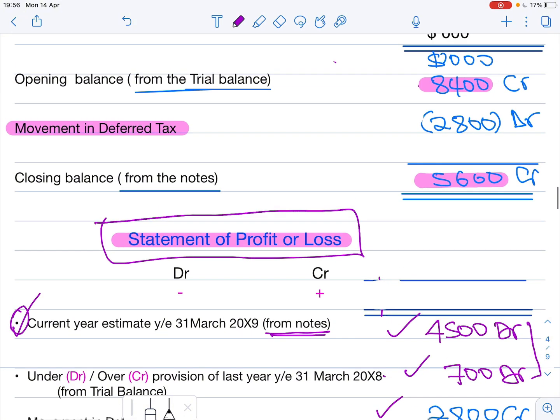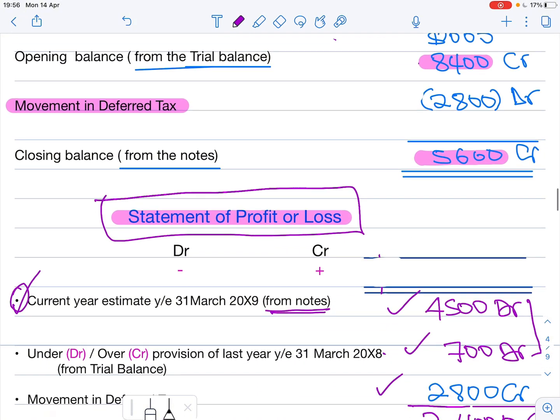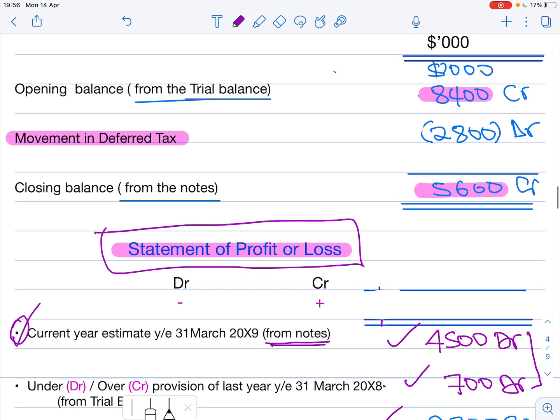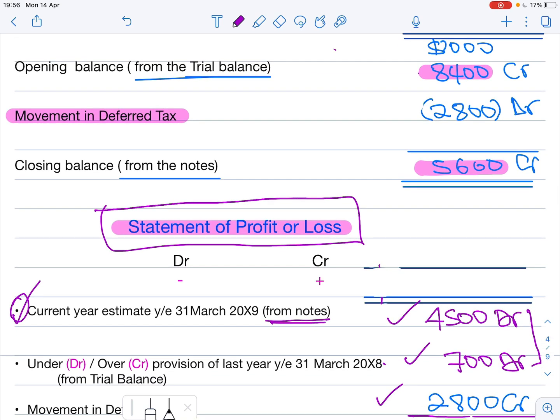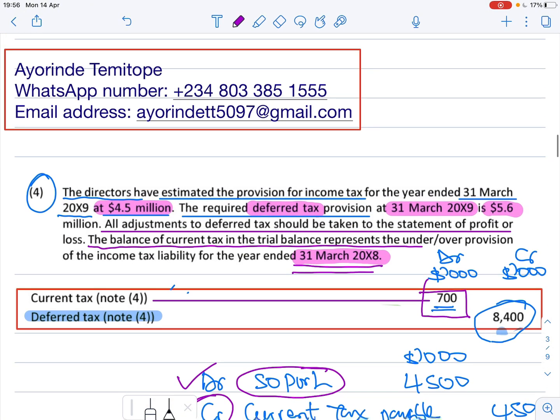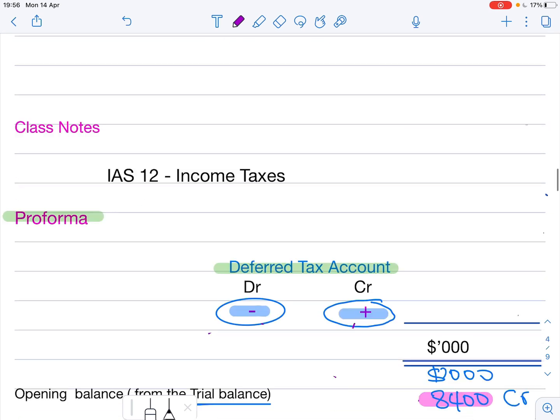So what are we going to do now? Let me just tell you this. In FR, there are 3 things you must learn to do. Number 1, you must know how to process any note that is given to you, like this note 4. The processing is what we've just done.